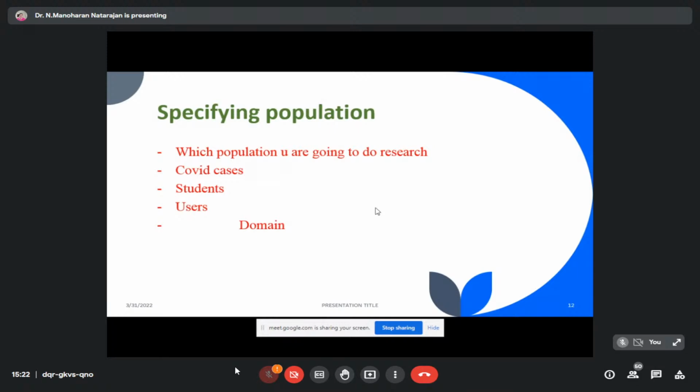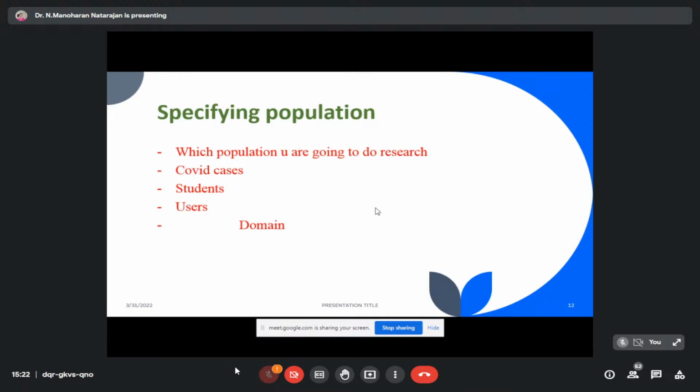Specific population means what is the domain? What is the domain we are going to use? Here, our positive cases, those who are affected by COVID, are taken as samples or the data. For example, we can go with some other domain, like finding the students' performance of a college. In that area, we are going to take students' data.